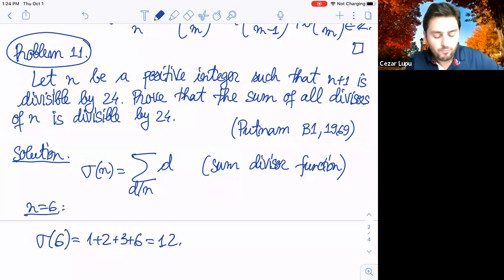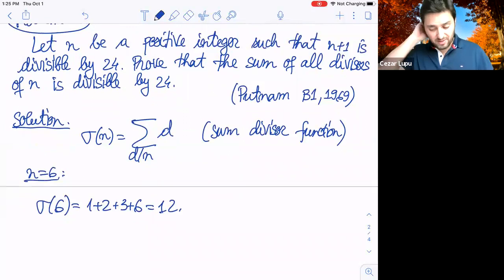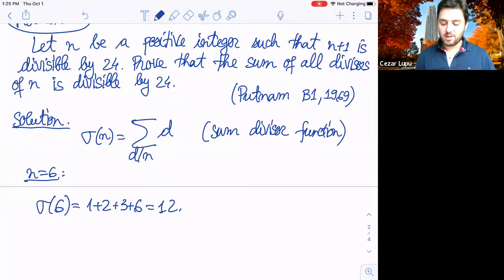All right, and now let's look at it. If I have a positive integer such that n plus 1 is divisible by 24, then sigma of n is divisible by 24. Wow.